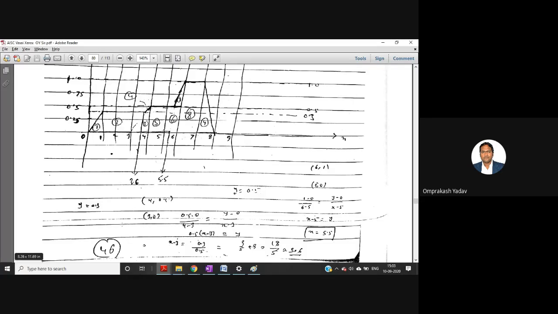I hope you understand how I am calculating this x bar. We have to find the middle point of that rectangle from the origin. First of all, we determine the middle point, and then find its distance from the origin. That will be your x bar.